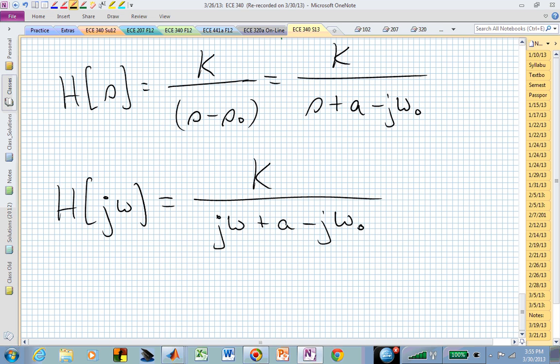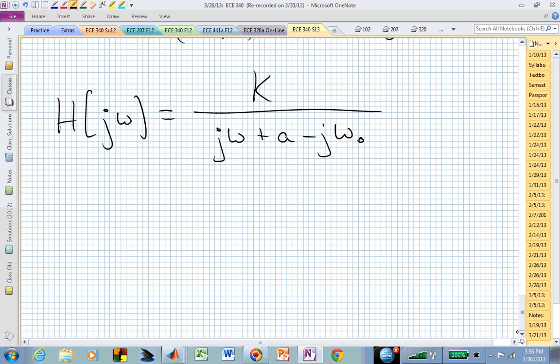And if we looked at the phase of this complex number, that would provide us with the way that the phase is changed as the signal x of t is processed by the system. Let's now look at the magnitude of H of J omega. We want to know what's going to happen as we adjust omega from DC all the way up to infinity. K we're assuming is positive.